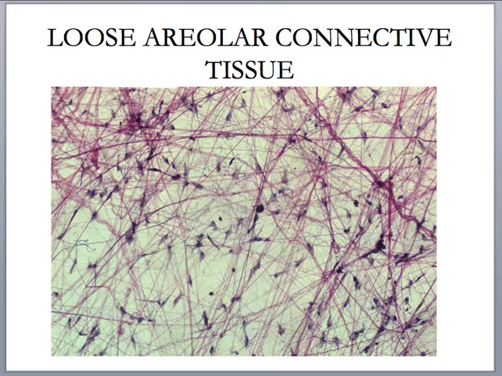This stuff literally runs through your entire body. You find loose areolar connective tissue in the hypodermis, which is what connects your skin to the muscles that lie below. Blood vessels will all be suspended within loose areolar connective tissue. Your small intestines, there's a whole lot of small intestines. How do they stay in place?